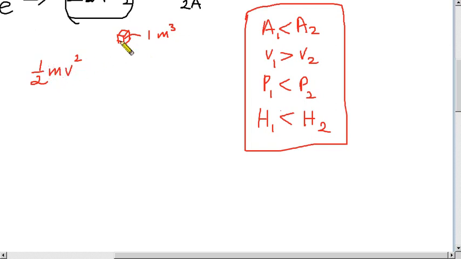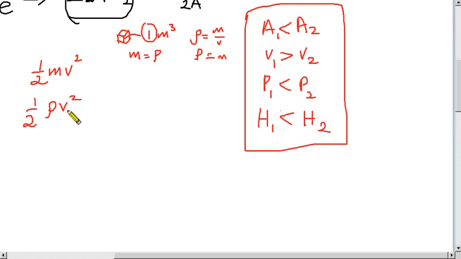What is the mass of 1 cubic meter? You know, the density rho equals mass divided by volume. Here the volume is 1, so rho equals m, therefore m equals rho. So we can substitute rho instead of m. You know all these things, you learned them in the lesson.